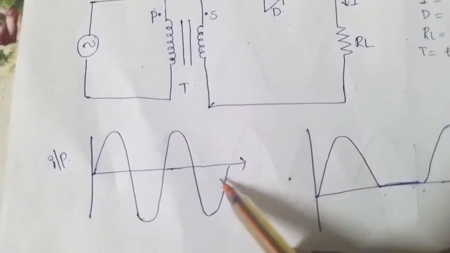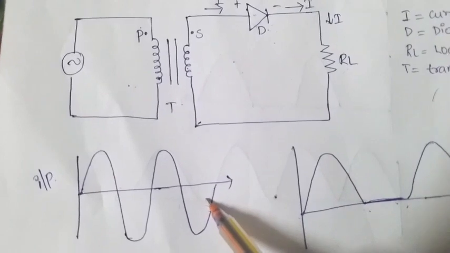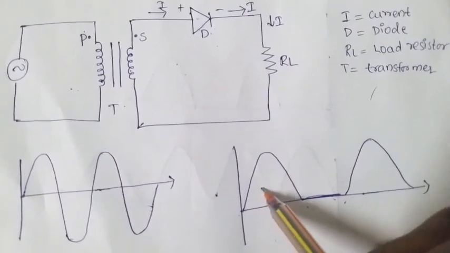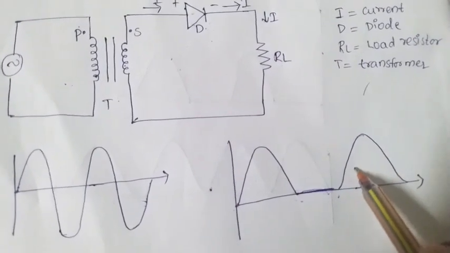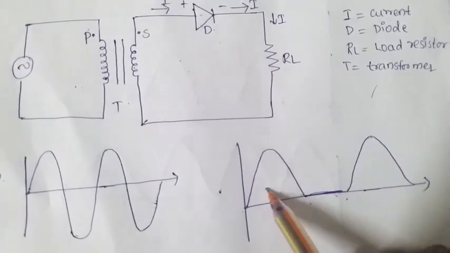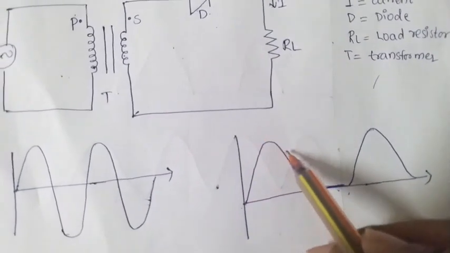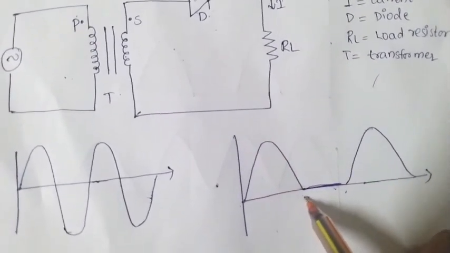If we see here, this is the input signal. Here this is the positive half cycle and this one is also a positive half cycle. When the diode is in the forward bias, it will pass the input signal.